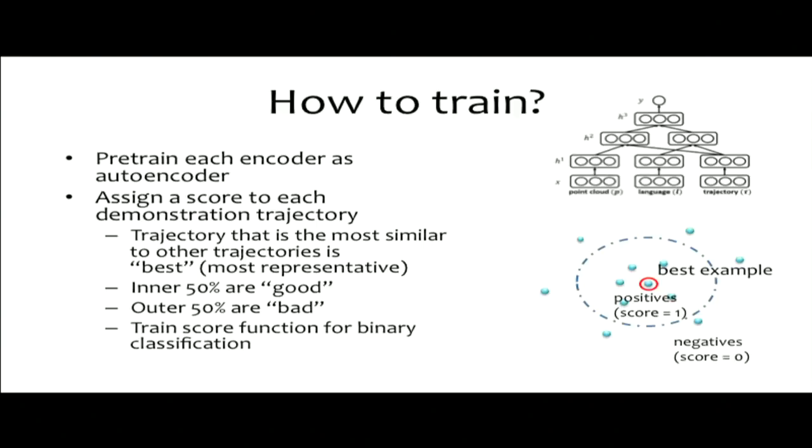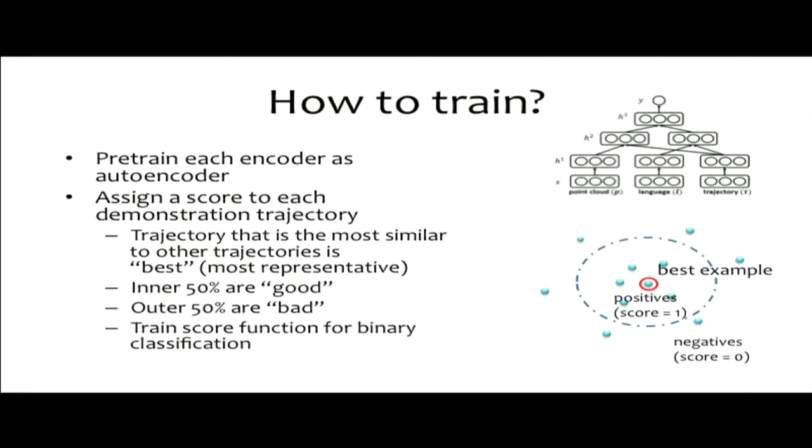And then the way that they trained it is for each demonstration trajectory that they got, they manually assigned a score. The trajectory that is the most similar to the other trajectories is considered the best trajectory, and the one that is least similar to the trajectories is scored as negative.